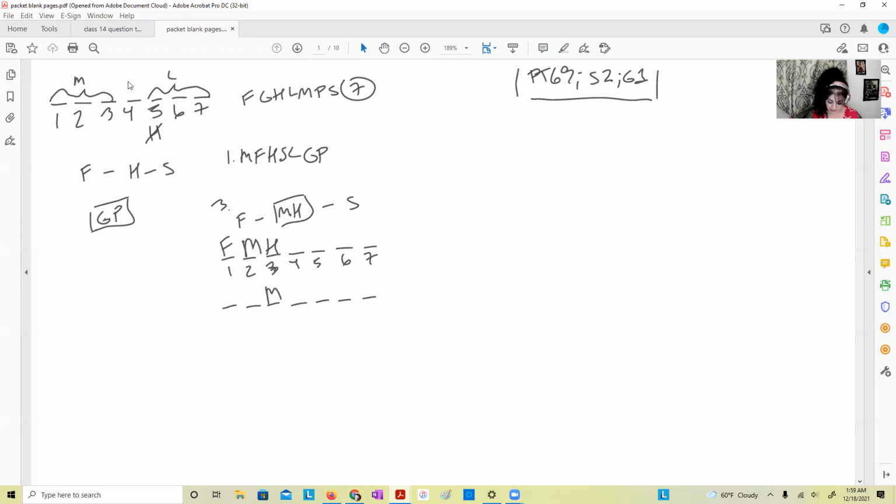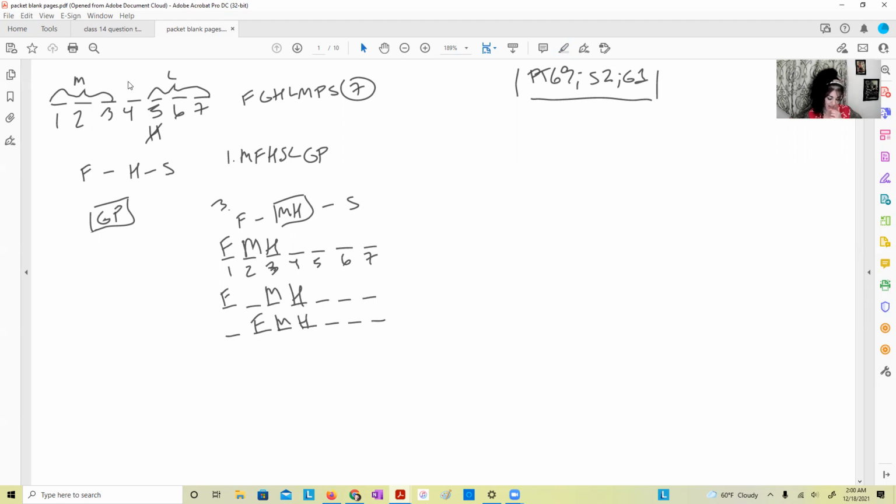You can also do M and H over here, in which case F would be either of the first 2. And then we would have to put G, P, and L over here somehow, because L has to be one of the last 3. So for each of these, G, P, and L would be at the end.